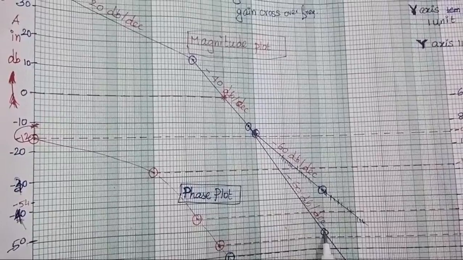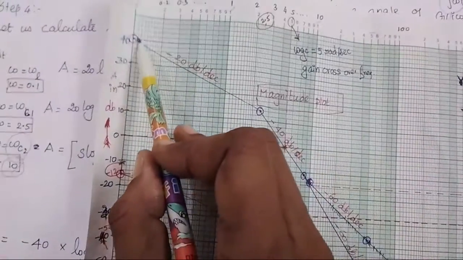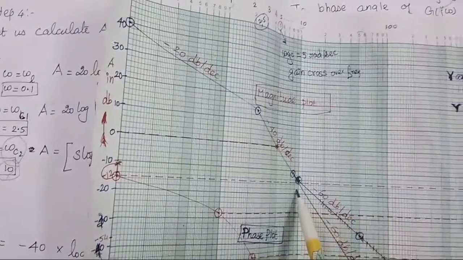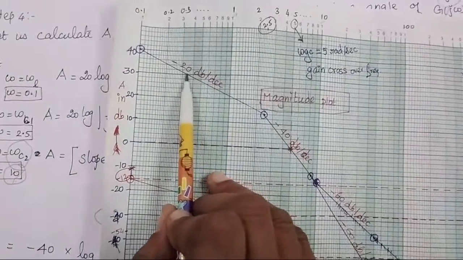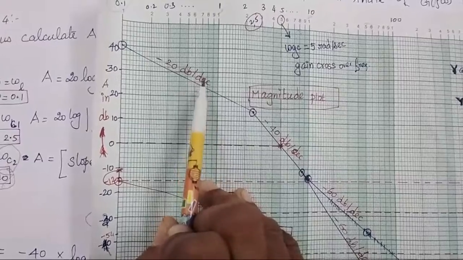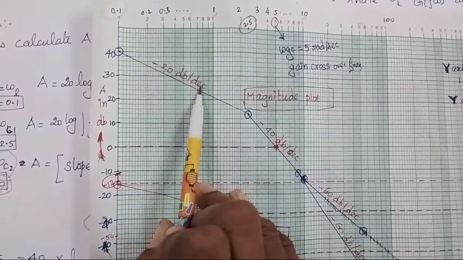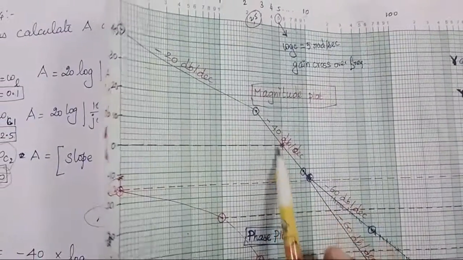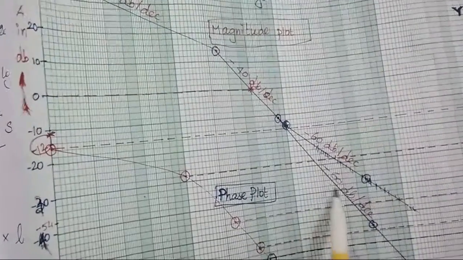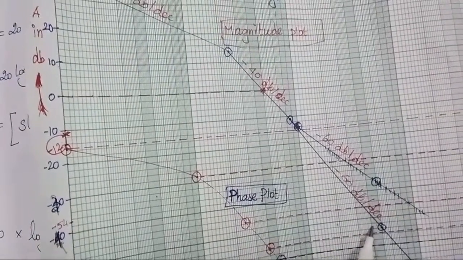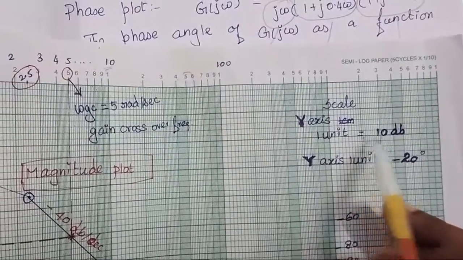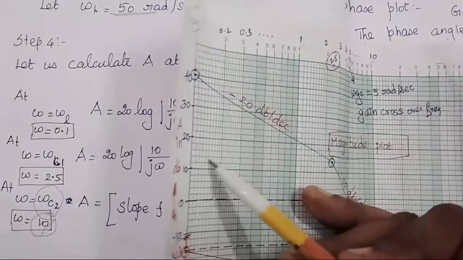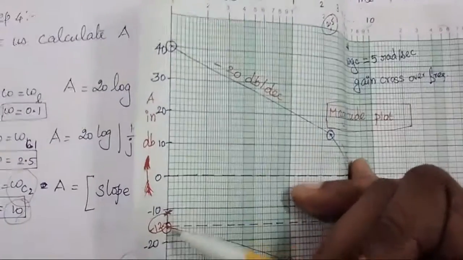Hope you can see 50, minus 54, and join all the points using a scale as straight lines. So the first slope is minus 20 dB per decade, which we already put in the tabulation side. Then this slope is minus 40 and this slope is minus 60 dB per decade. And the scale for the magnitude plot is x-axis 1, y-axis 1 unit equal to 10 dB.